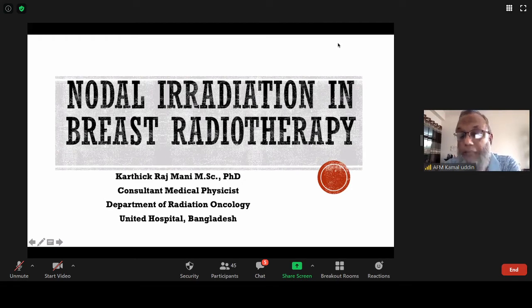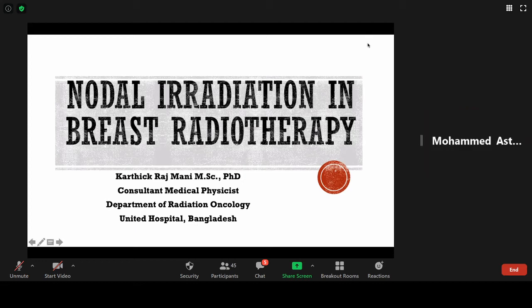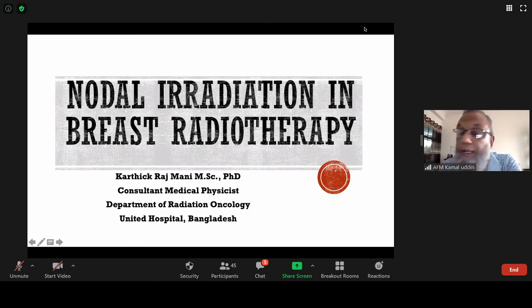Residual is if it is after NACT. We do a lymph node dissection up front, and if the number of positive nodes is 1 or 2 or 3, then we can think of regional node radiation, considering the biology of the tumor and risk of the patient. But if it is 4 or more, then definitely we should.